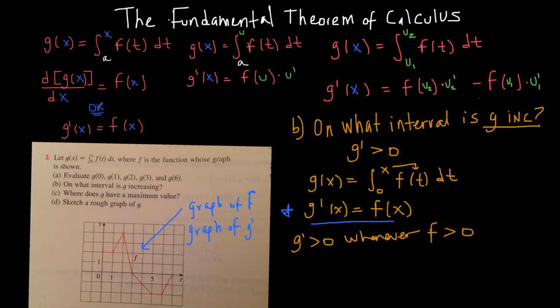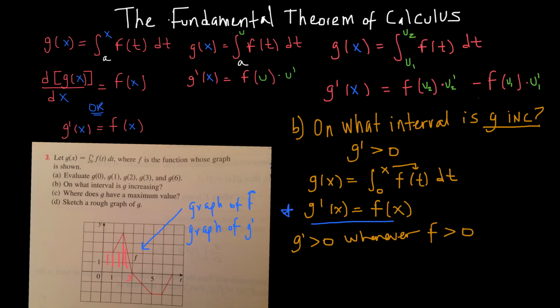And now this is an extremely easy question to answer. When is f greater than 0? Or when is f positive? F is positive whenever the graph of f is above the x-axis. So now look at it. When is the graph of f above the x-axis? Well, I can tell you right now that from 0 to, is that 3? From 0 to 3, that's when f is positive.